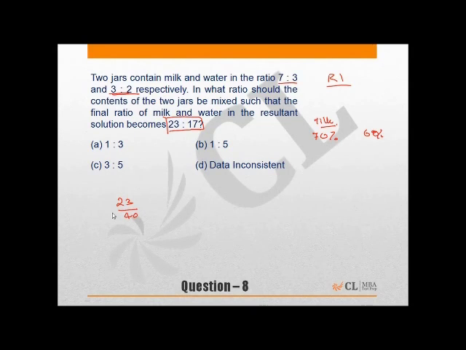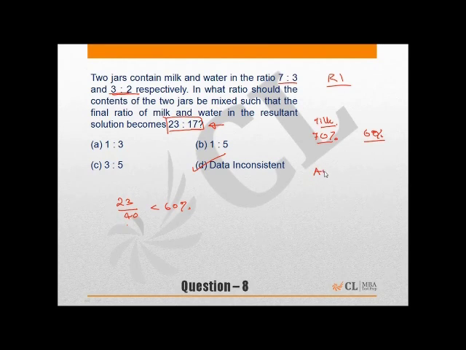So the fraction of milk in the final resultant mixture is to be 23/40, which is less than 60%. What is 60% of 40? It is 24. That means 23 is less than 60%. When I am mixing a 70% and a 60% mixture, I have to have an answer which lies between 60 and 70%.